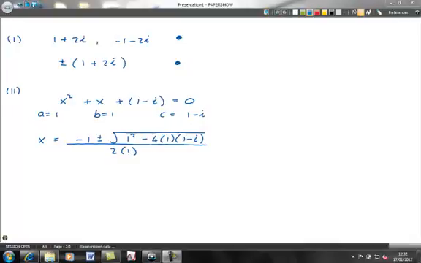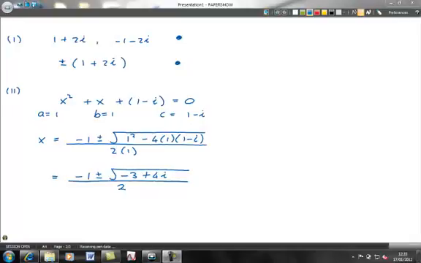I'm going to tidy that up a little bit. Minus 1 plus or minus the square root of 3 minus 3 plus 4i, all over 2. And what you need to spot here is the root of minus 3 plus 4i.